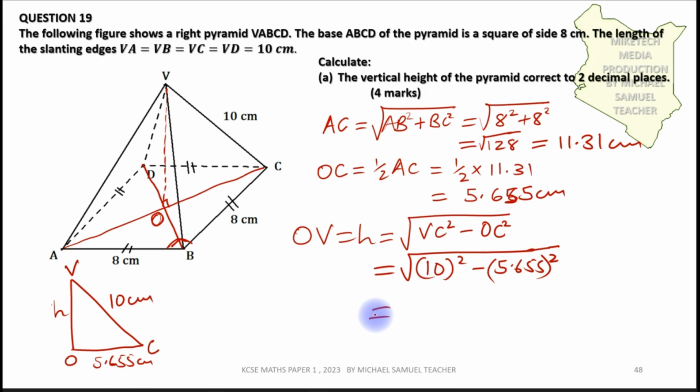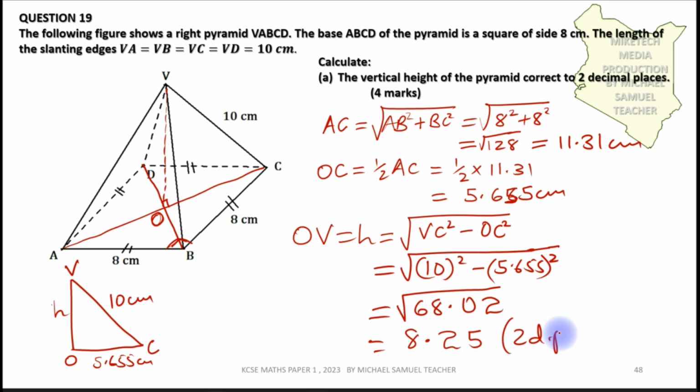So using a calculator, this will be the square root of 68.02, and therefore the square root of 68.02 will be 8.25, correct to 2 decimal places.